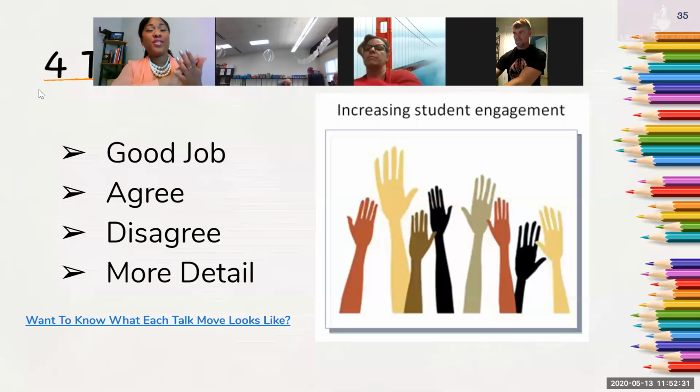But if you introduce this talk move last and you have a healthy classroom environment, what you will notice is this actually causes them to rethink. I've had people share something and we're all kind of like, that is not right. But they'll be like, no, hold on, wait. And you can see them processing, recalculating, and they'll come back and say, I meant to say this, or they'll change their answer.